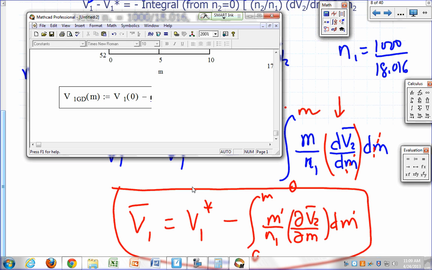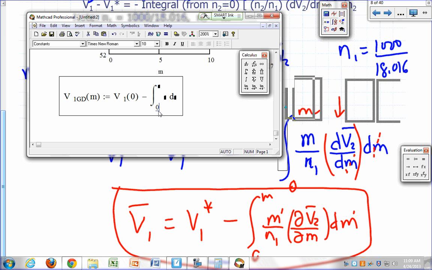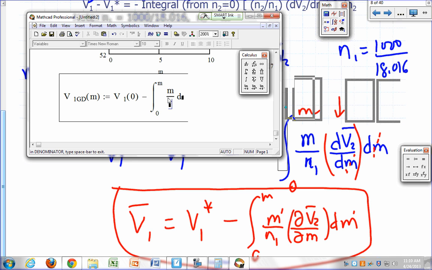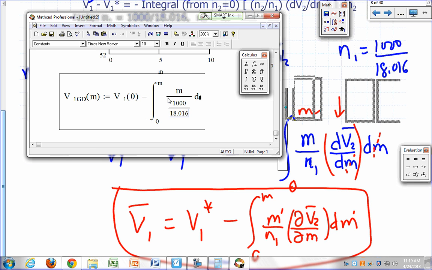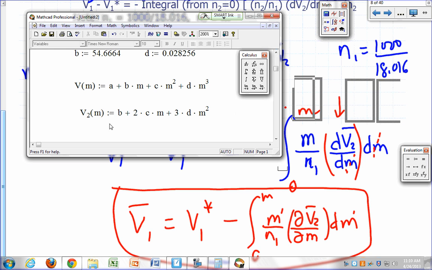Minus the integral, my toolbar's over here, minus the integral from molality 0 to molality M of molality over N1, which is 1,000 grams over 18.016 grams per mole, times the derivative of V2 with respect to M. So this is going to be dm.